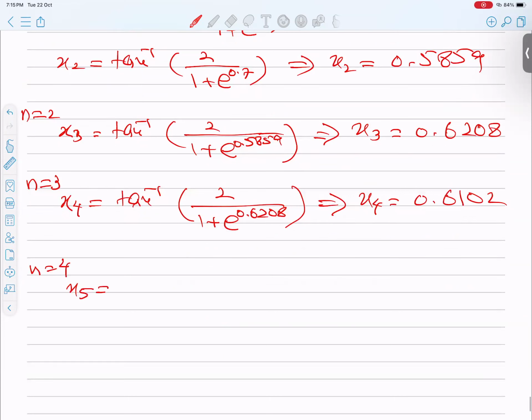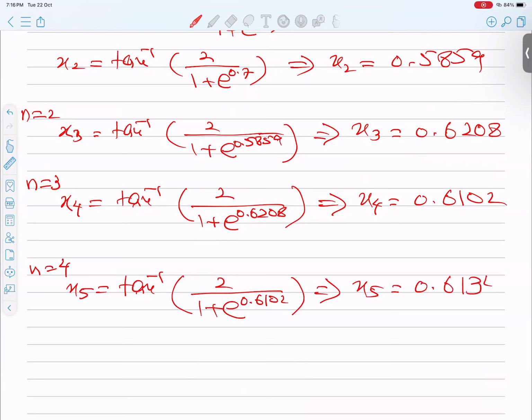So x5, I will continue until the second dp matches. This is 0.6102, and I get x5, and my answer is 0.6134. Now this is starting to match, but this number is still increasing. You see 0 becoming 3. I'm worried that maybe it increases more and will round to become 2.